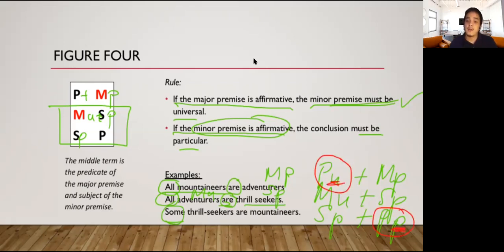If you have a universal premise and you concluded with a particular term, is that valid? Yes, it is valid. SP and then SP, is that valid? Yes, no problem. Both are particular. However, if you have the middle term taken at least once universal, then the middle term is also valid. Plus, plus, therefore plus.